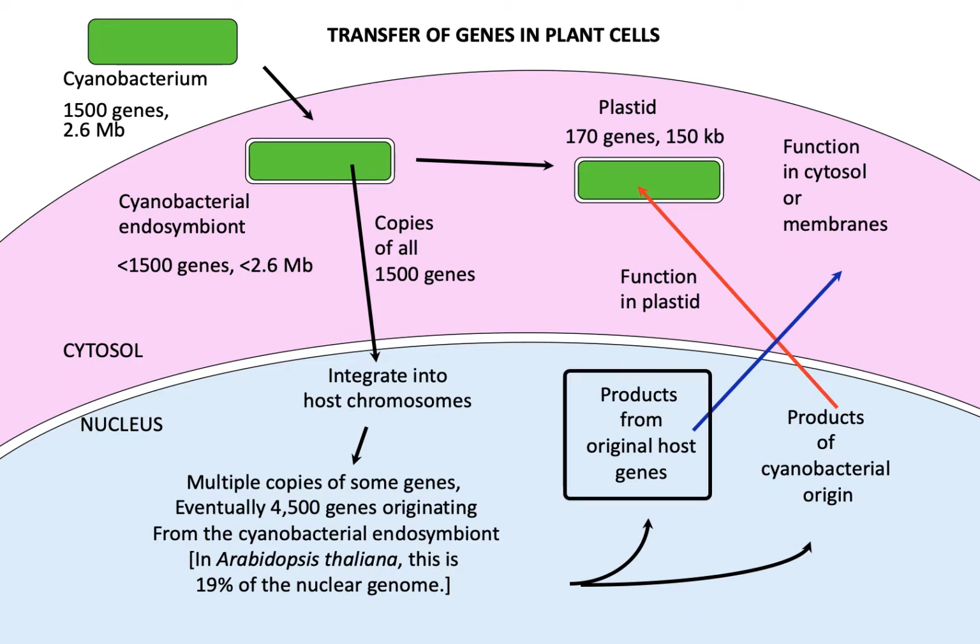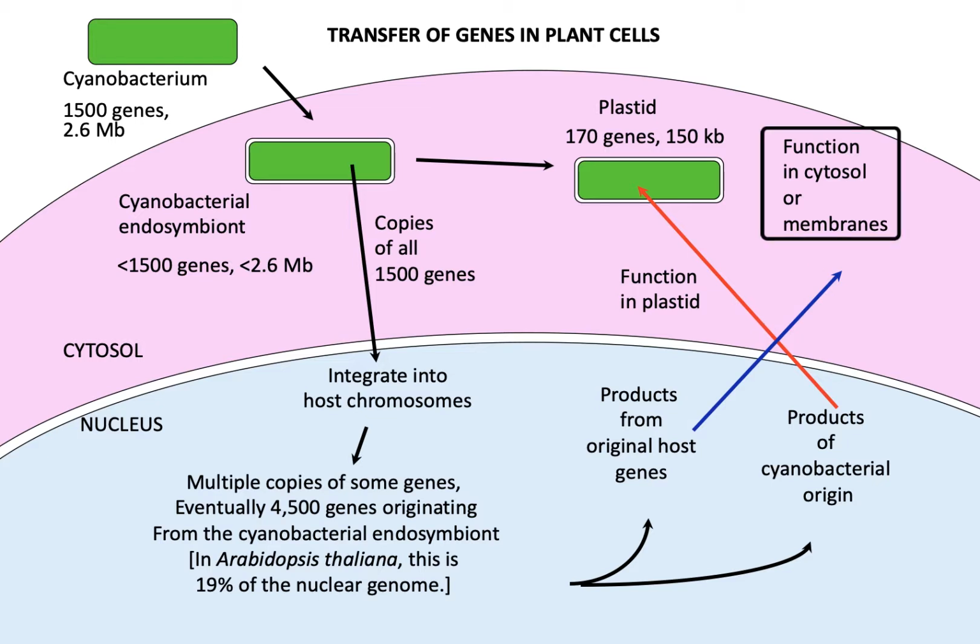Subsequently, then, the products from that nuclear genome, products from the host genes, moved out. The RNAs moved out into the cytosol, were translated on cytosolic or ER ribosomes, and then those proteins wound up functioning in the cytosol or in the membranes of the host organism.